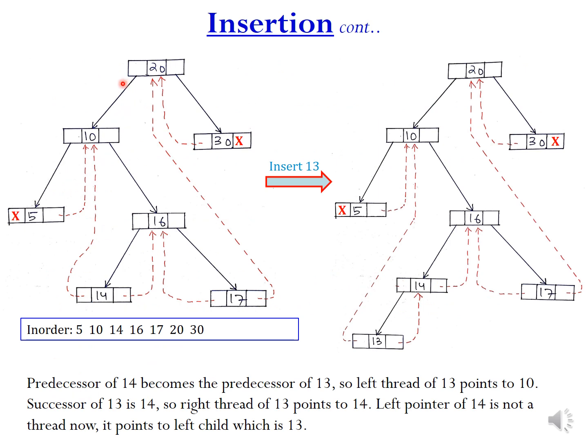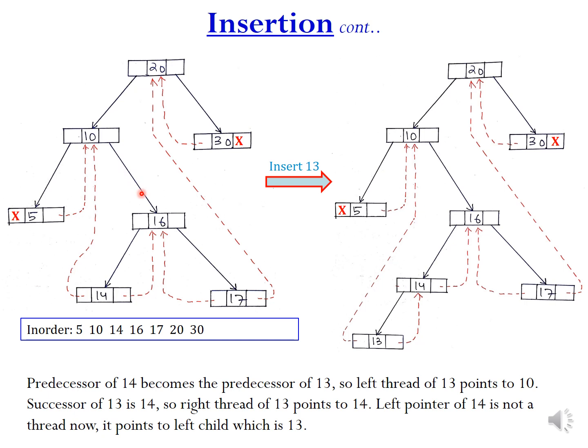Here is an example. This is a fully threaded binary tree containing the nodes 20, 10, 30, 5, 16, 14, 17. The inorder traversal will be 5, 10, 14, 16, 17, 20, 30. It has links as well as threads. This is a left link, which is pointing to the left child, node 5.